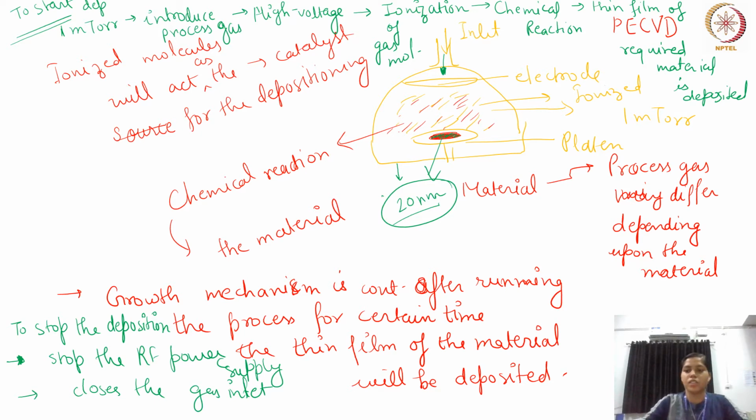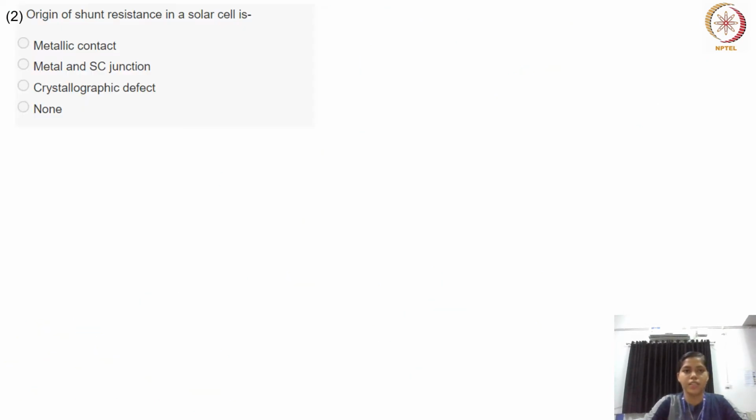Okay. So now let's move on to the next question. The question is asking you: the origin of the shunt resistance in a solar cell is what? Metallic contact, metal and semiconductor junction, crystallographic defect, or none of the above.